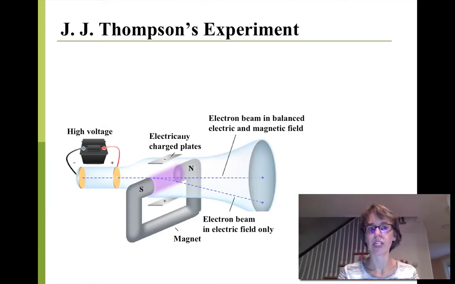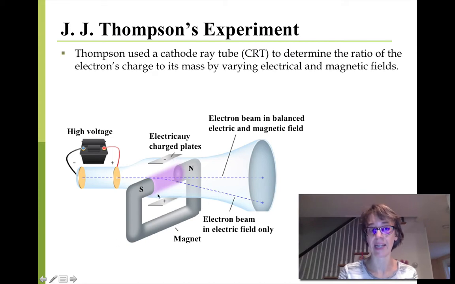Then J.J. Thomson's experiment was a similar experiment, but a slightly different setup. Here we have the glass tube with the plates all the way over here on the left. And then there's a second electrical field and then a third field, this one being magnetic.